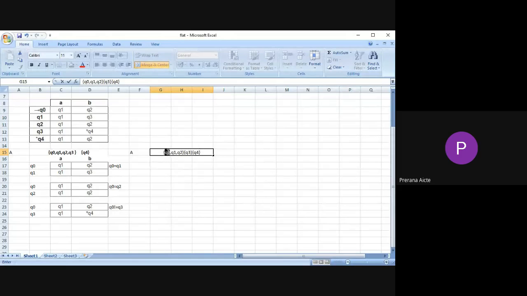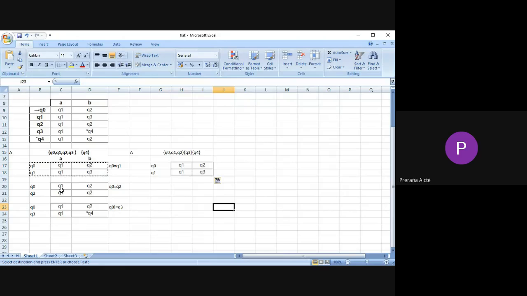Again we need to find the possibilities for Q0 and Q1, and Q0 and Q2.